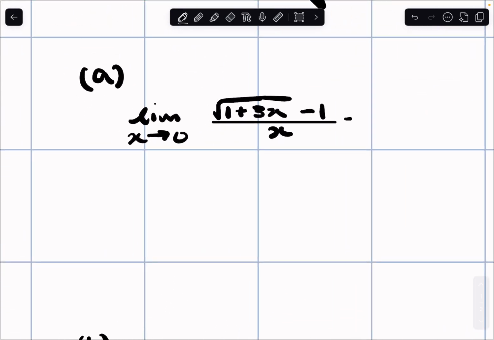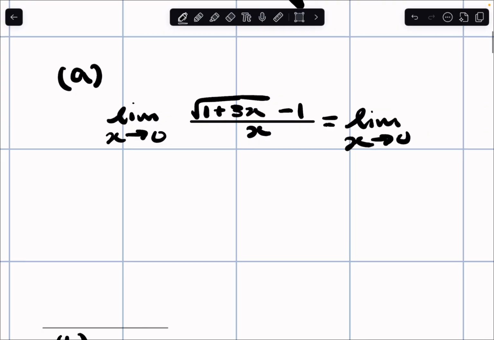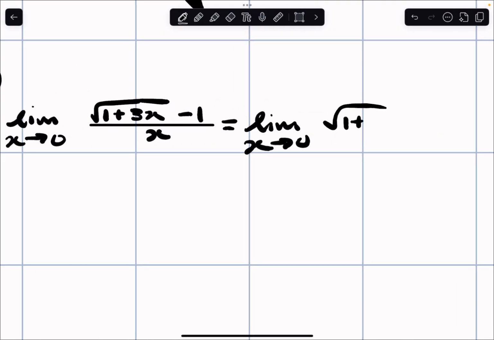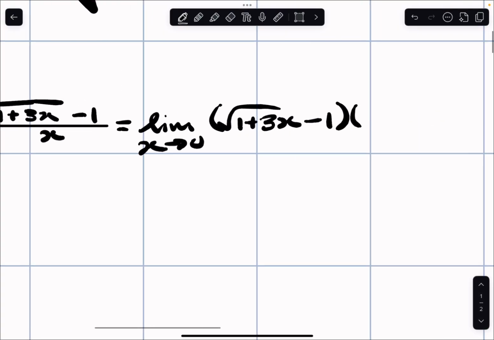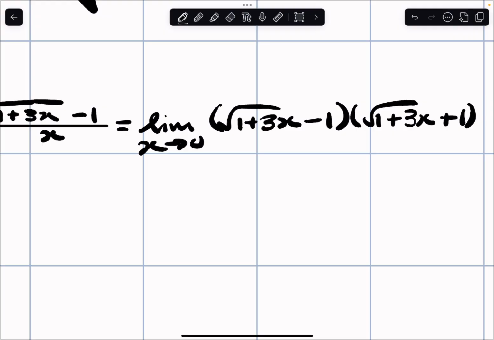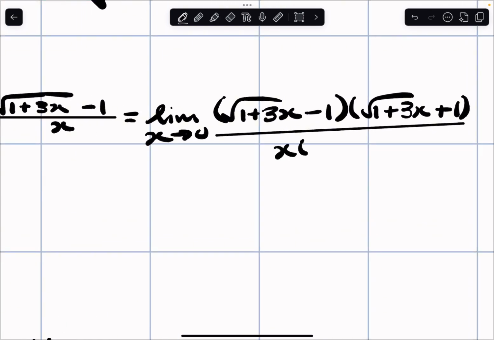So we'll do the same thing here. So we'll rewrite it. I'll do square root of 1 plus 3x plus 1. You see how the sign has changed here? x, and then square root of 1 plus 3x plus 1.